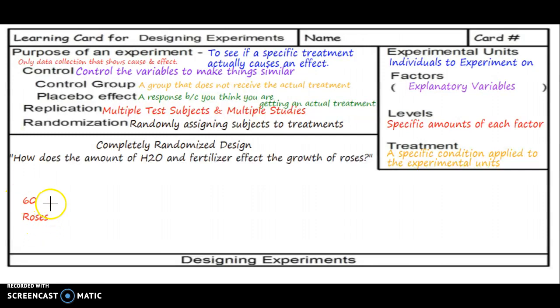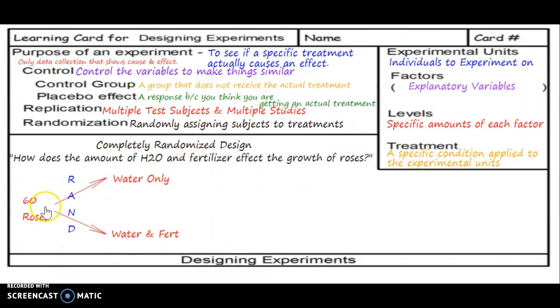At this point in time, I'm going to put them into just 2 treatment groups. I'm going to make things very simple here. I'm going to split half of them into one group and half of them into another group. And the 2 treatment groups that I'm going to create from my factors and my levels are going to be a treatment group that gets water only and another group that gets water and fertilizer.